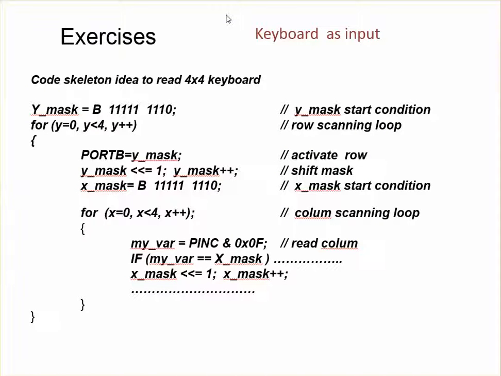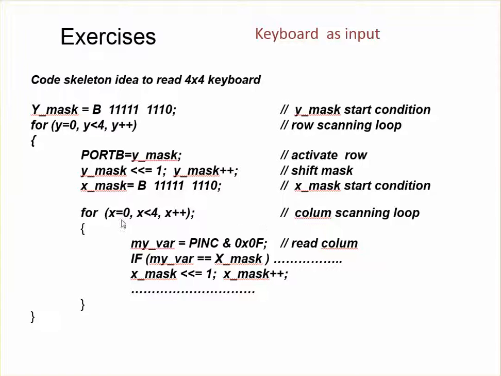Here's the code skeleton idea how to do that. This is not the final code, so you have to add some functionality of course here, but this is basically the idea how you can do that. So here there are 2 for loops. The internal for loop is here, and that loop will read the column status. That's basically the same idea that you tried also in exercise 9.